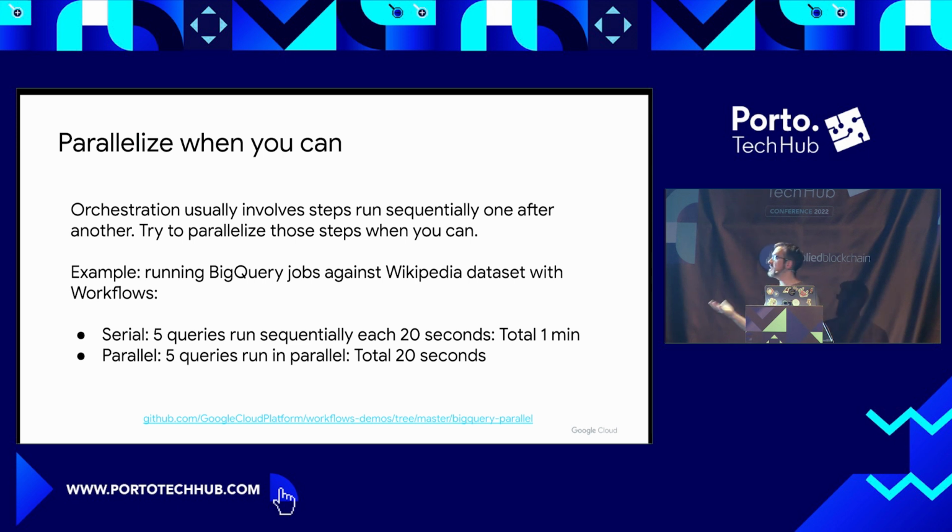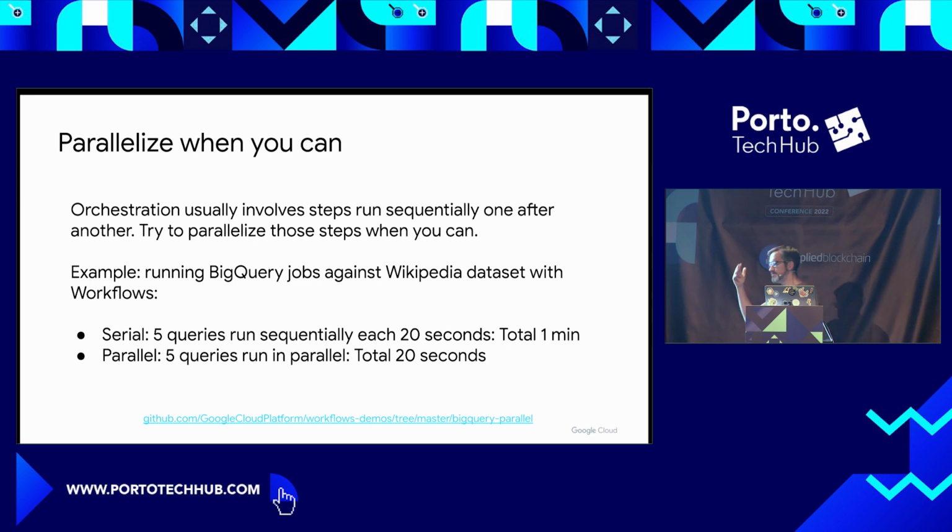But perhaps things can or should run in parallel. For example, when you use BigQuery to analyze the Wikipedia data set, if you want to find the most popular pages of Wikipedia for a particular month, you might have to do a query for each table for each of the months you're interested in.